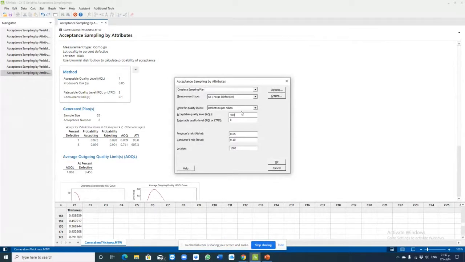This is the acceptable quality level. And for RQL is 300. For the producer and the consumer, we will not change the values. The lot size will be 2,500. This is the number of the lot size.